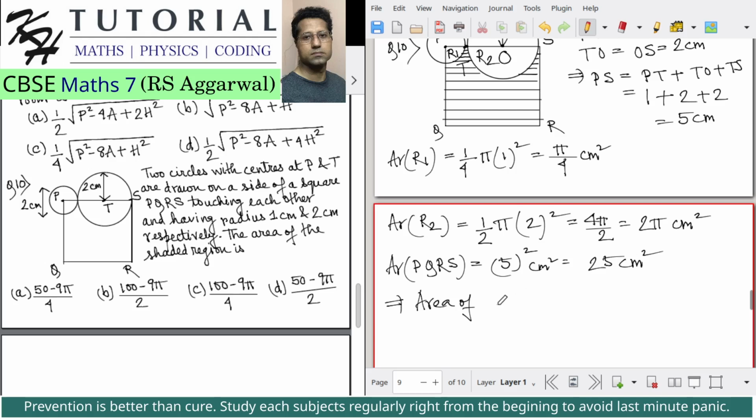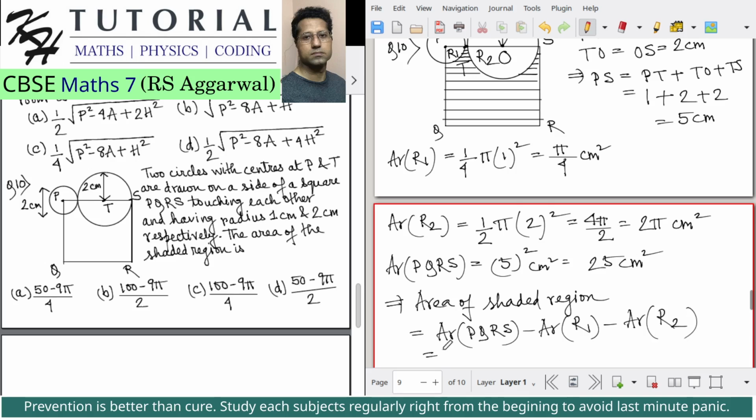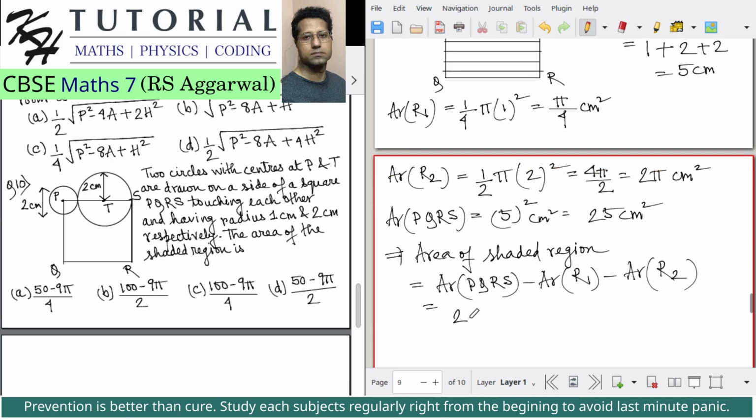The area of the shaded region will be equal to area of the square PQRS minus the area of the quadrant R1, which is a quadrant of radius 1 centimeter, minus the area of the semicircle of radius 2 centimeter, that is the region R2. This is equal to 25 minus pi by 4 minus 2 pi.